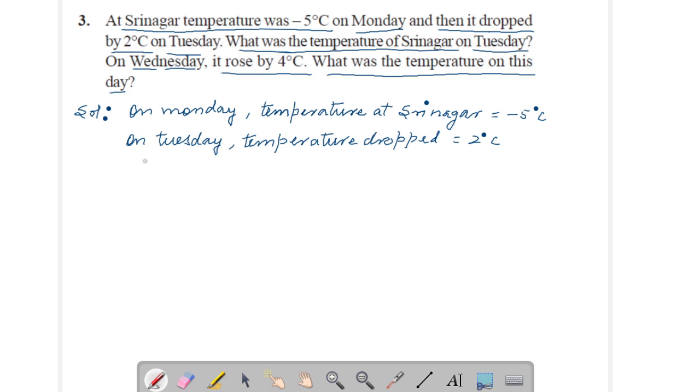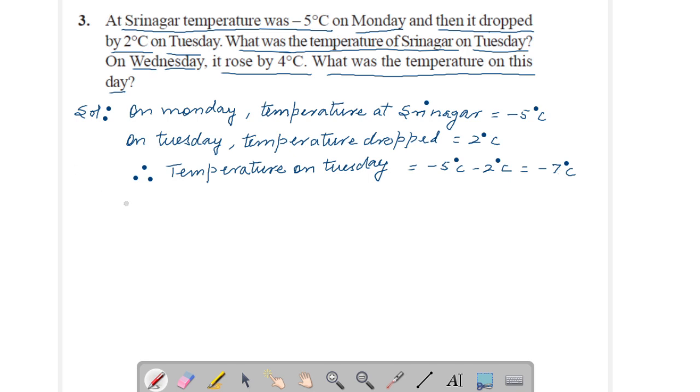Therefore, temperature on Tuesday equal to -5 degrees Celsius minus 2 degrees Celsius equal to -7 degrees Celsius.